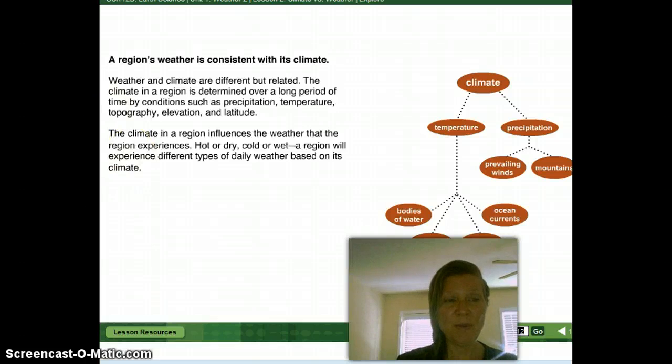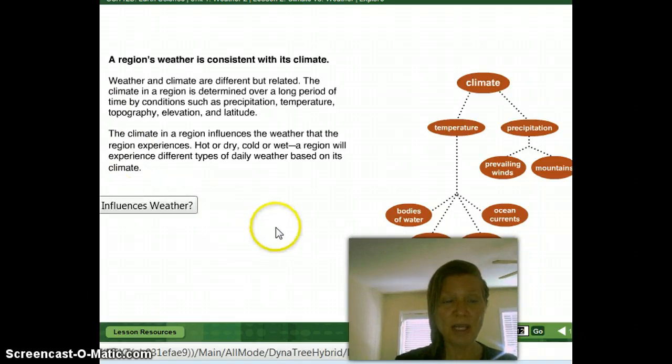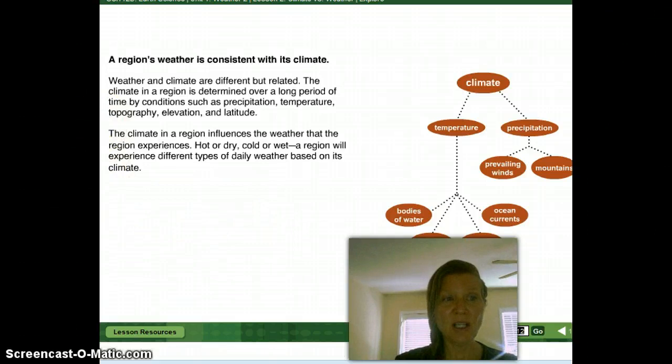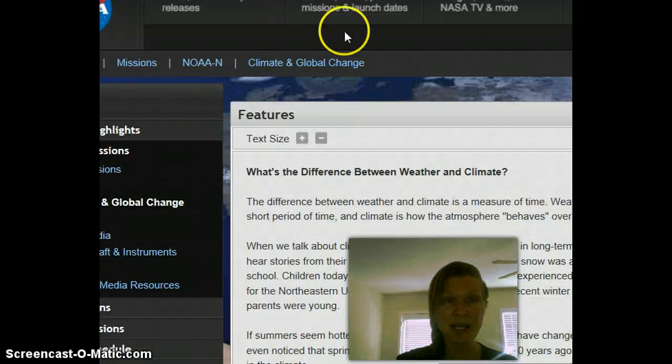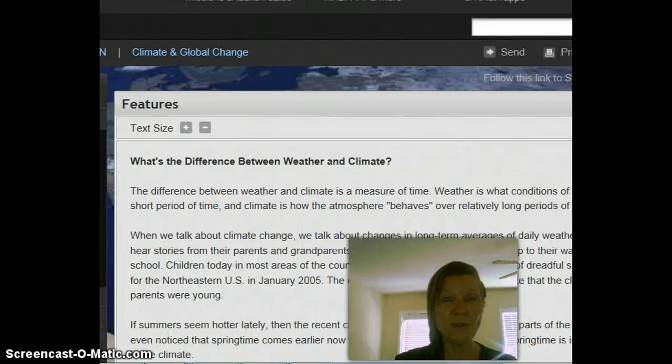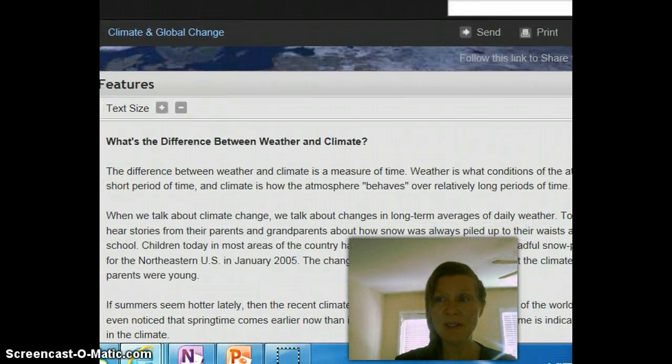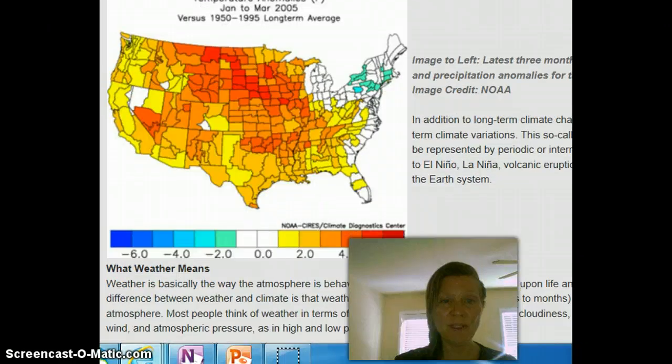This is a review for 1.02, and I hope that you enjoy this section on climate versus weather. It's fascinating. I'm sending you some additional resources for this unit, including a NASA site on the difference between climate and weather, and there are some fantastic links on the bottom of this site.